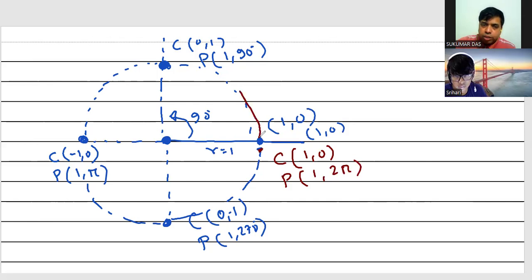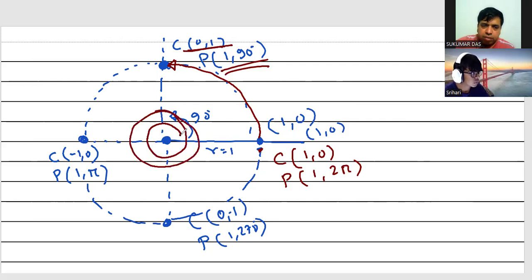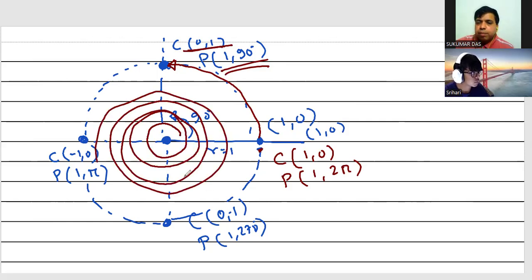Now you see one thing. If you again go to this point after completing one rotation, Cartesian will remain the same, but polar will continuously change because the polar coordinate angle will continuously increase. But your Cartesian will go on repeating itself, every 2 pi.